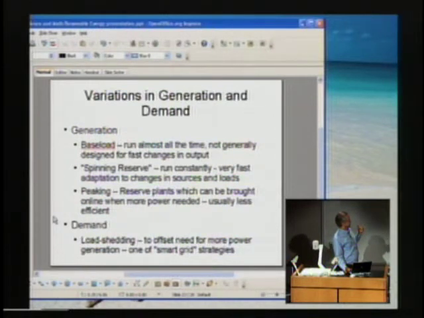These run constantly to adapt to very quick changes. They're kept running, and if some change comes, they can very quickly adapt to the need for more electricity, or if some generating plant drops out, they can compensate for that. Peaking plants are usually older, less efficient plants that are just brought online to provide more power when there isn't enough from the baseload plants and the spinning reserves.